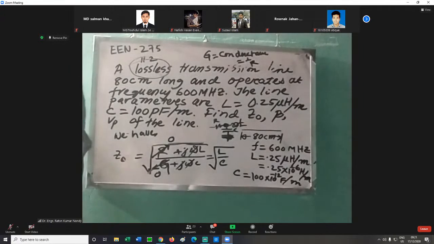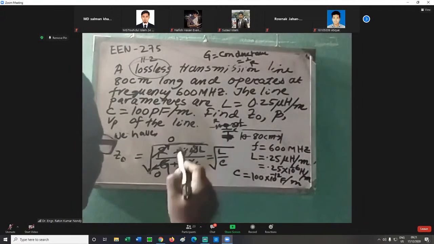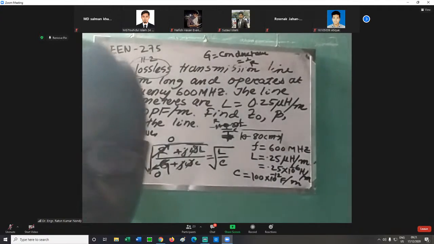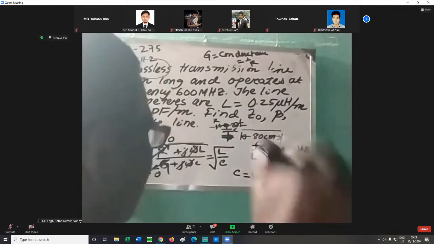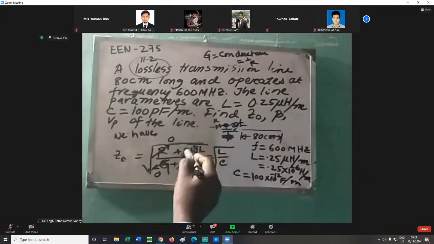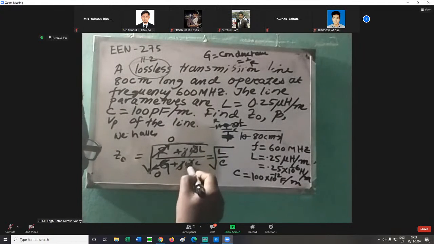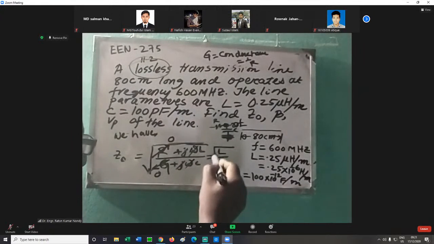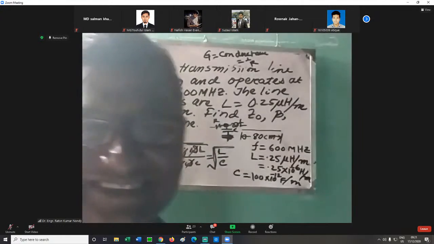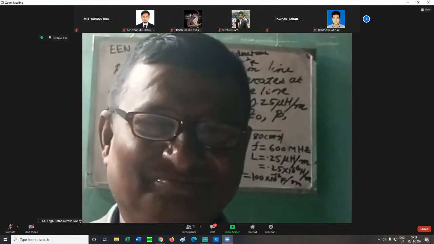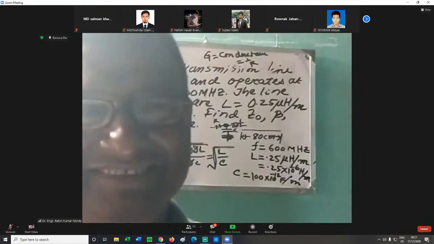So if R and G are 0, then j omega L and j omega C both remain inside the root. Then afterwards, we are just cancelling j omega. And ultimately, what are we getting? Root over L by C. Very interesting formula. Very easy to remember.